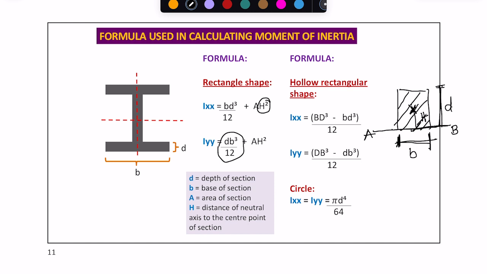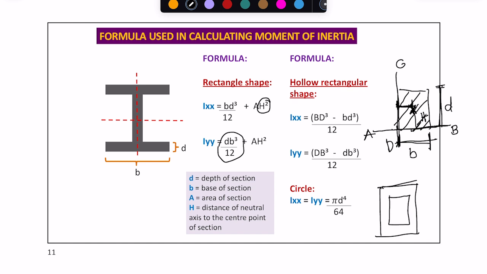So H here, for example, if you are calculating the inertia to the axis C and D, therefore H will be from the centroid to the axis CD. For hollow rectangular shape, you can use this method rather than to calculate semua sekali, ya.